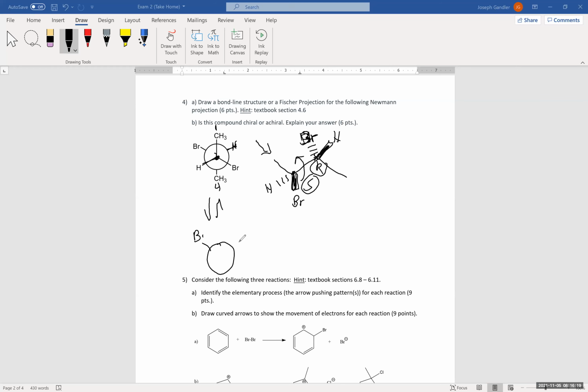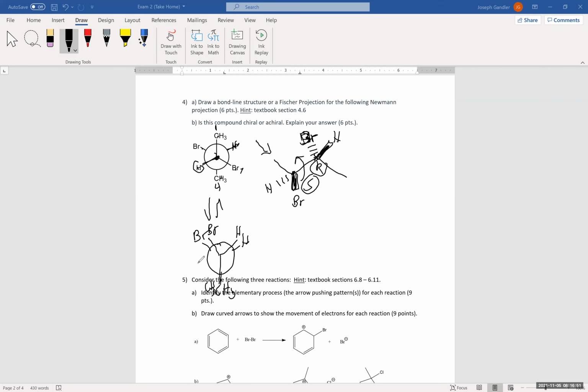So we have the Br to the left, the hydrogen to the right, and the methyl down. If we rotate the front group 180 degrees, this bromine will go 60, 120. This bromine will be eclipsing that bromine. This hydrogen, 60, 120, 180, will be eclipsing that hydrogen. And the methyl will flip all the way over, 60, 120, 180, and will be eclipsing this methyl, right?